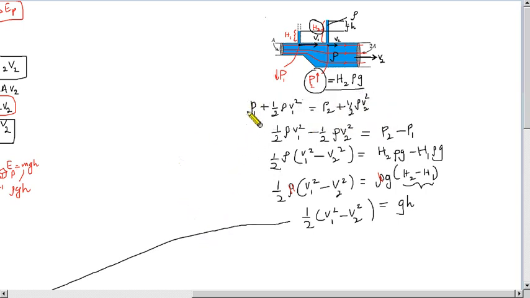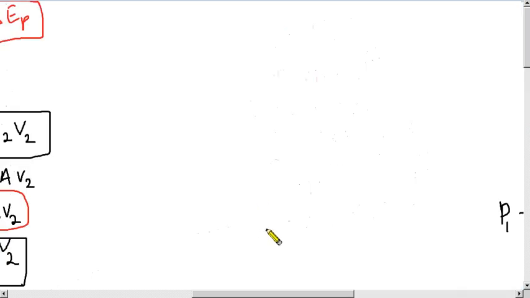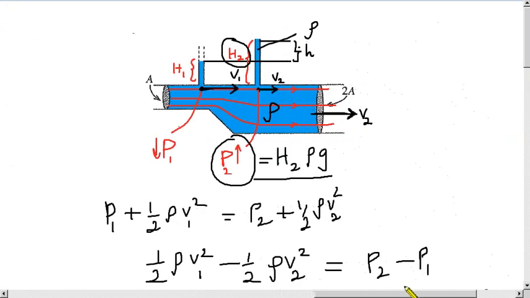I used directly the change of kinetic energy, without writing the pressures, directly I took this part. I jumped from here to here. So I explained that also now. I think now no doubts are there, you can catch this.